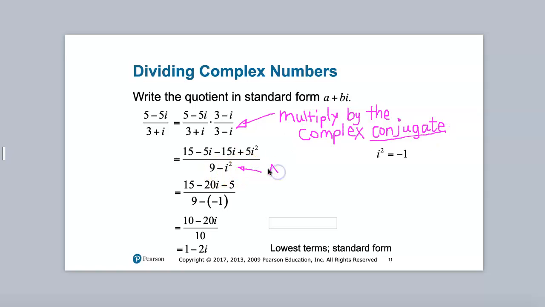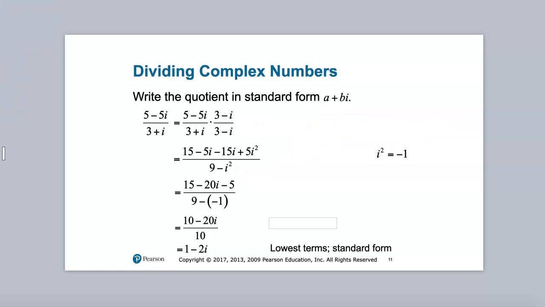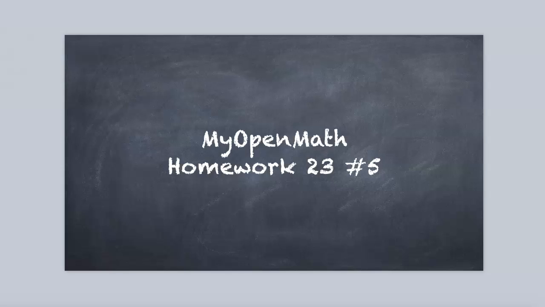Because when you have a difference of squares, in the case of radicals, you can get rid of square roots, and in the case of imaginary numbers, you can turn an i into an i squared, which of course is then a real number. So that's what your goal is, and then you would continue with these steps. You can look back on these steps if you need to. Go ahead and pause the video if you need to. But I'm going to otherwise move on now to question number 5.